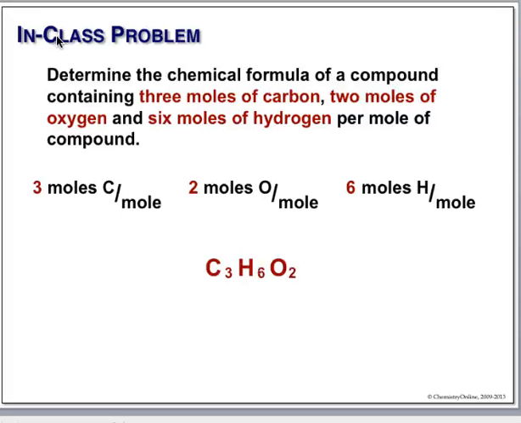If we had 1 mole of this stuff, we would have 6 moles of hydrogen, 3 moles of carbon, 2 moles of oxygen. This is the concept of the mole ratio.